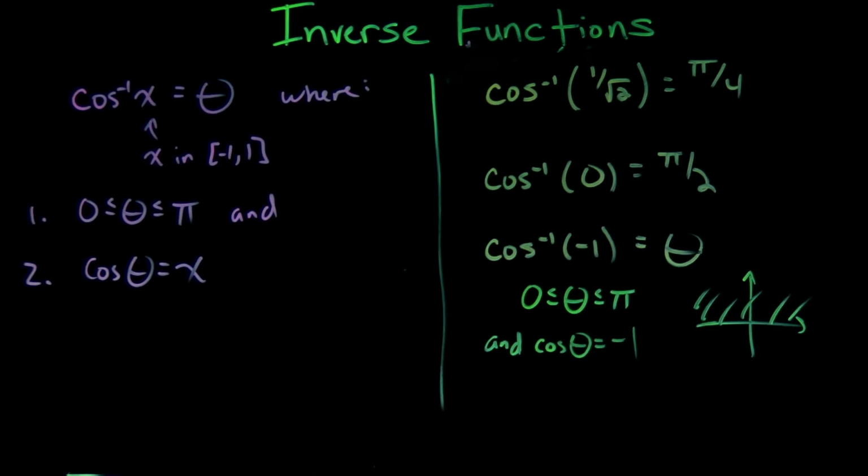And the angle between 0 and pi, whose cosine is negative 1, is the angle pi. Okay, so for the inverse cosine, if you're doing the inverse cosine of a positive number, you're going to end up over here. If you do the inverse cosine of a negative number, you're going to end up over here.